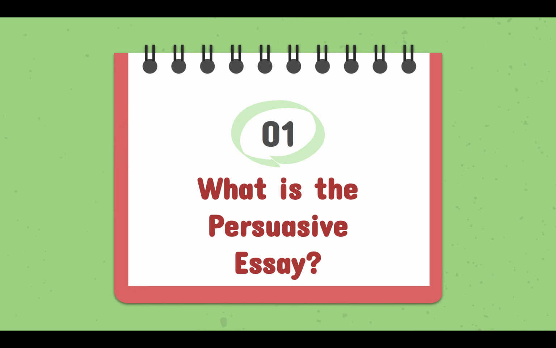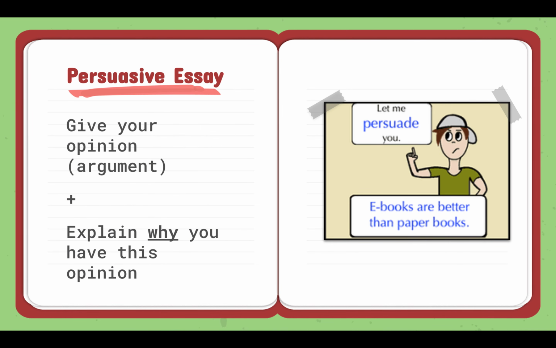So let's get started with what is the persuasive essay? A persuasive essay, really, its goal is to persuade, right? So you're going to start by giving your opinion. We call this opinion your argument, right? So many times when we talk about persuasive essays, we'll say your argument, and what we really mean is your opinion, right?